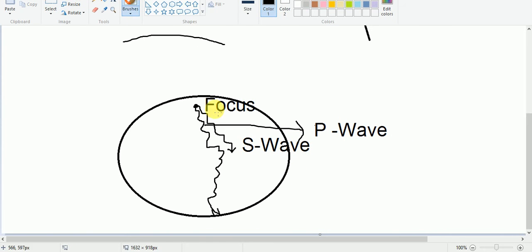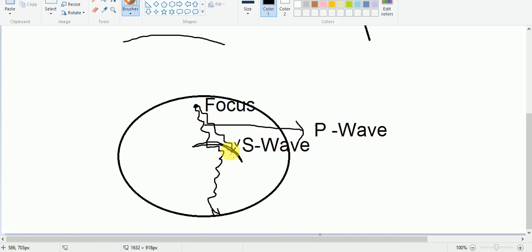Now tell me, what is the nature of the Earth material, the Earth interior here at this point? Remember, here this S wave has stopped traveling at this particular point.